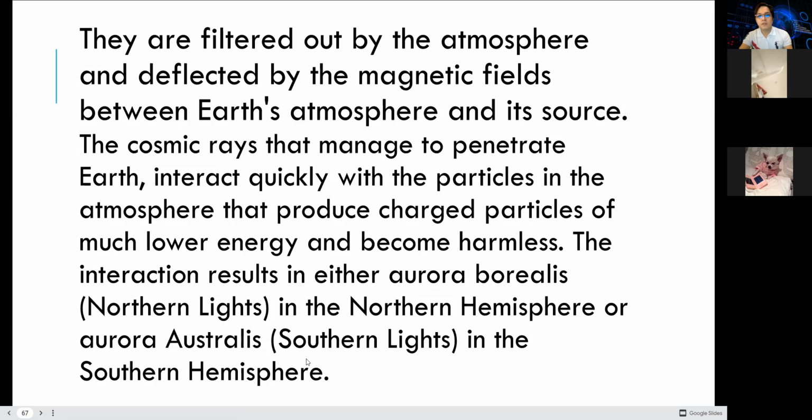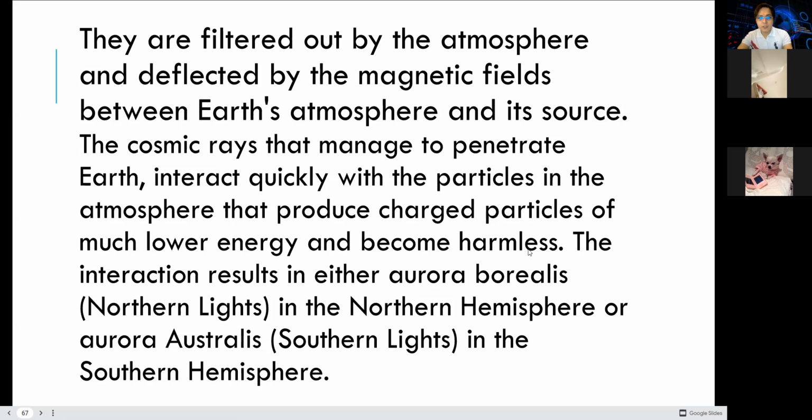They are actually filtered out by the atmosphere and deflected by a magnetic field between Earth's atmosphere and its source. Remember that Earth has its own magnetic field. So there is a reaction between the negative and positive ions in the atmosphere and the protons and neutrons of some elements in the atmosphere, plus the what?